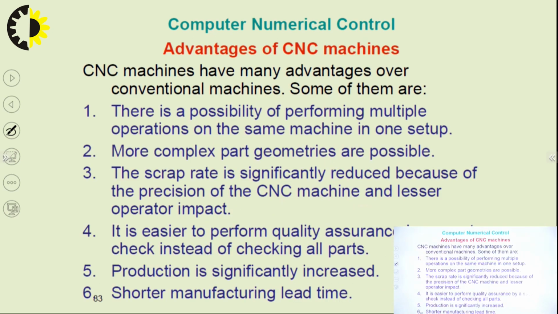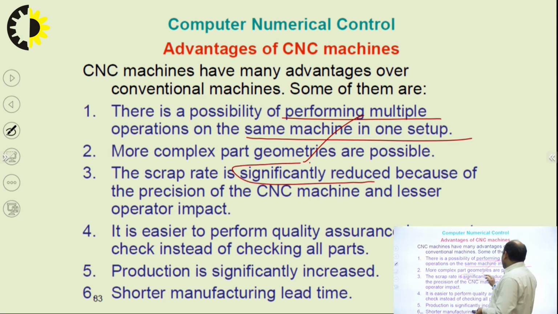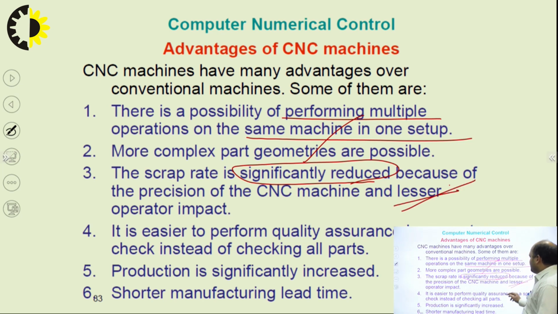Talking about the advantages of CNC machines, there is the possibility of performing multiple operations on the same machine. More complex part geometry is possible. The scrap rate is significantly reduced. The manual system is associated with a lot of scrap generation, but with the help of the CNC machine we can control this, and a lower scrap rate is produced.